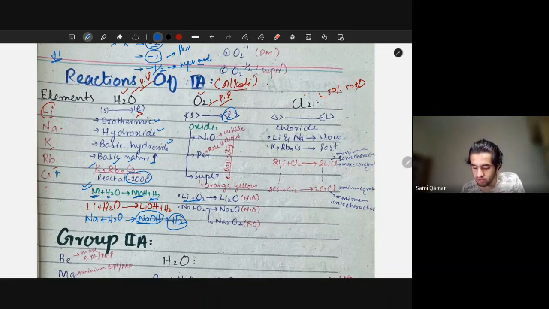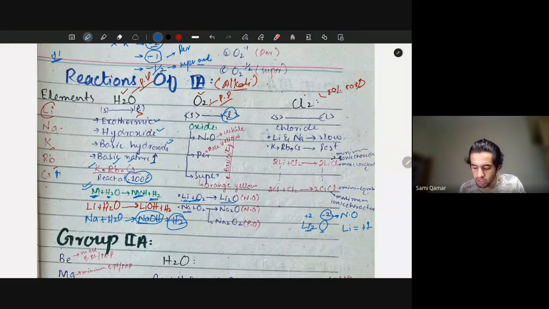So here we go, lithium plus oxygen forms Li2O. Now it is normal oxide. How? You can see here Li2O, and we are having two lithium. Lithium here is having oxidation number +1. But now we are having two lithium, so it will be having +2, and oxygen will be having -2. So oxygen is in -2 oxidation state. So that's why it will be normal oxide.